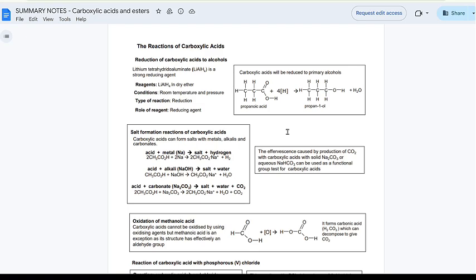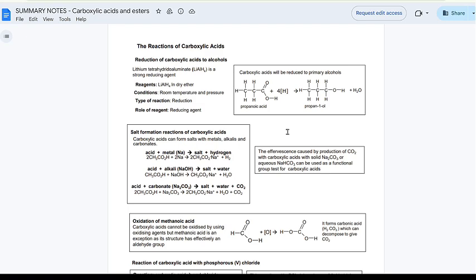Effervescence caused by production of carbon dioxide with carboxylic acids with solid sodium carbonate or, yeah, carboxylic acids will be, what am I skipping here? Aqueous sodium hydrogen carbonate can be used as a functional group test for carboxylic acids. Yep, we know this.